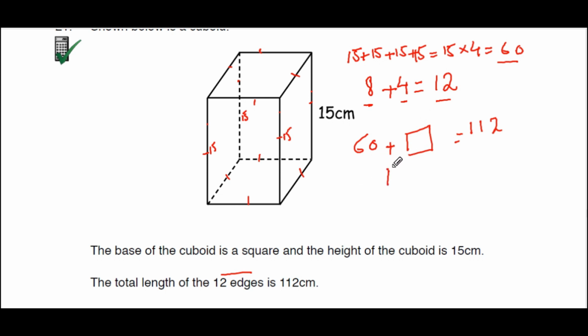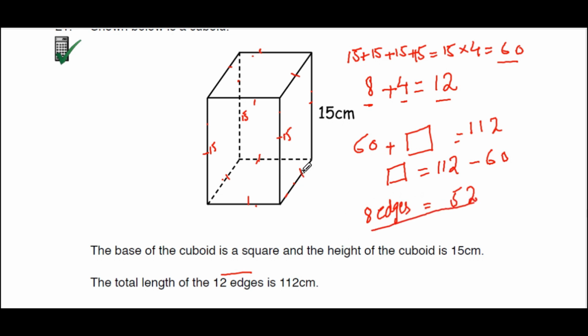How can we find that? The length of the 8 edges we can find by taking away 60 from 112. And what will be your answer? 52, right? It means these sides, this one, this one, this one, this one, the 8 edges, have a total length equal to 52.